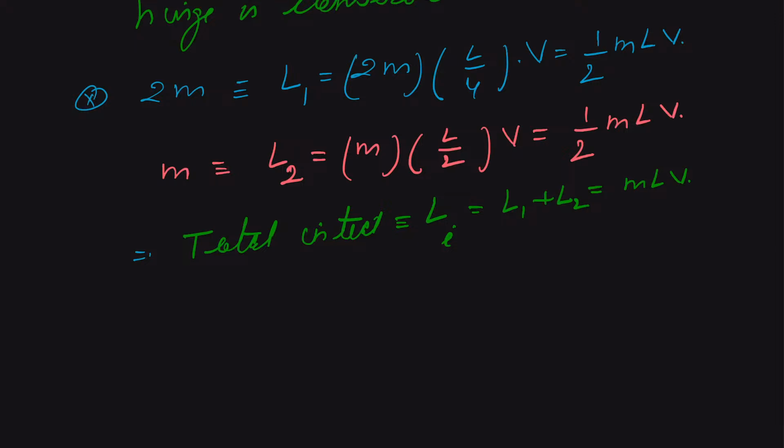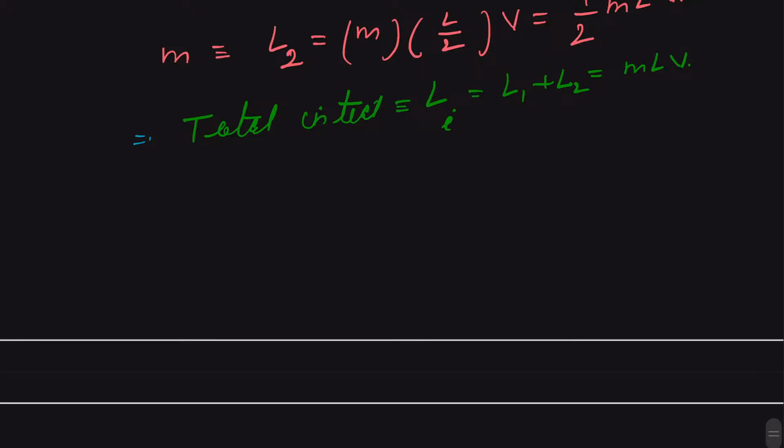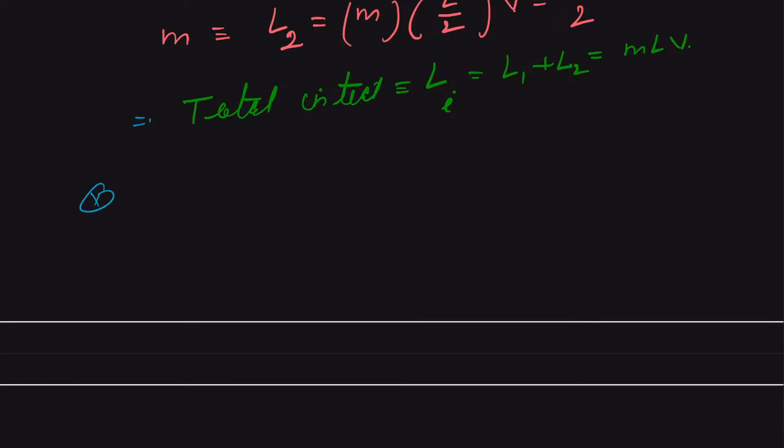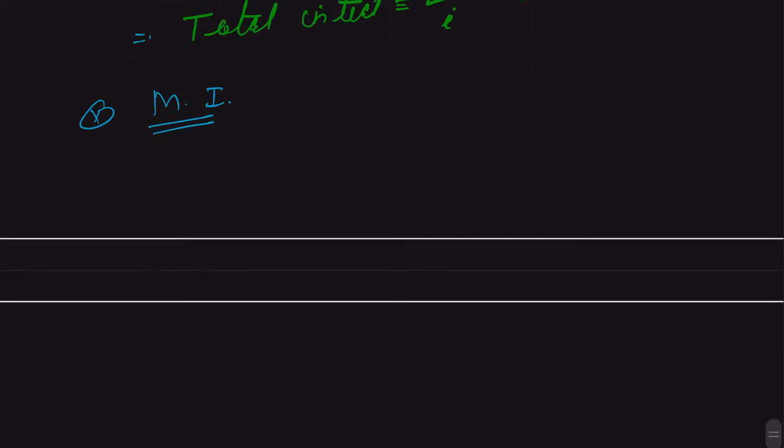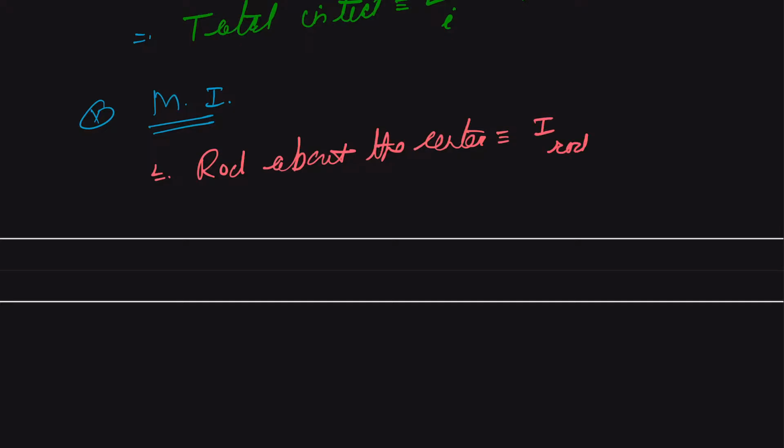And then we come to the moment of inertia of this rod about its center, and then we find out the respective masses also. So we come to the moment of inertia, and first is the rod about the center, which is our standard formula. We get I of the rod will be equal to 1 upon 12 m L square.